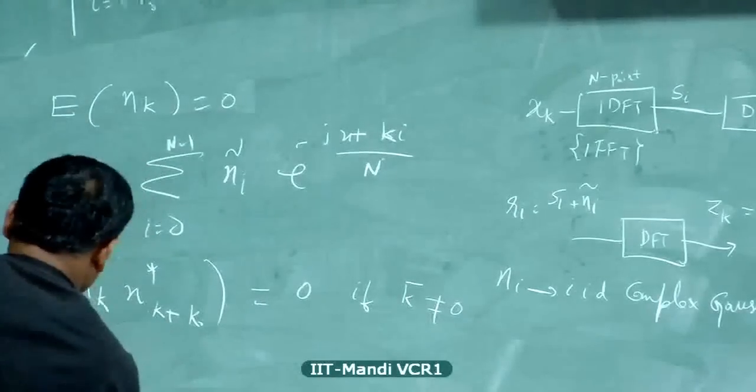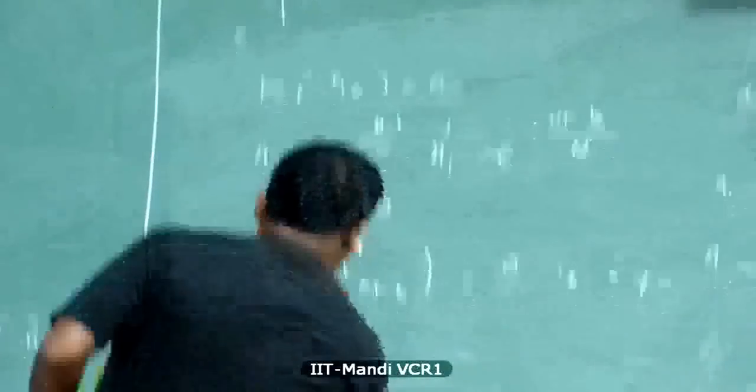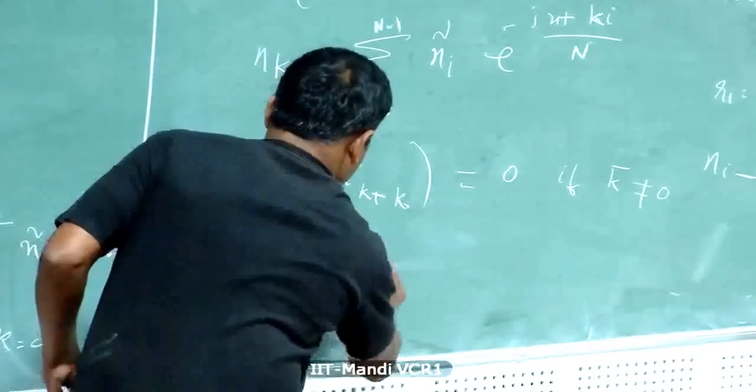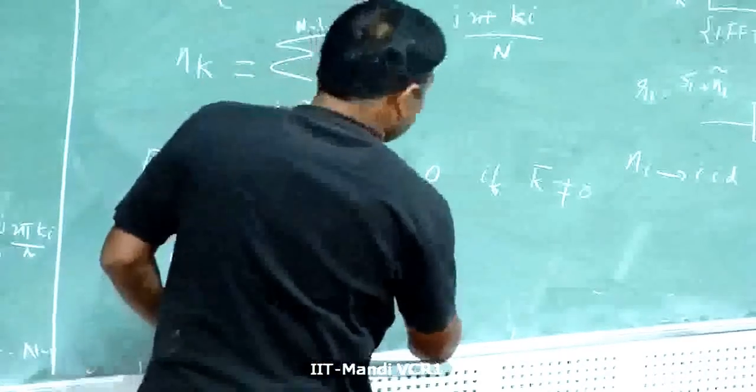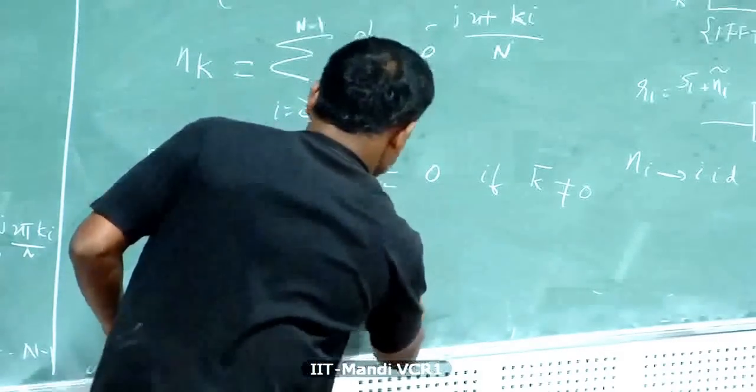And for K naught equal to 0, we have the expected value of N of K absolute value squared, that is some variance, sigma N K squared.